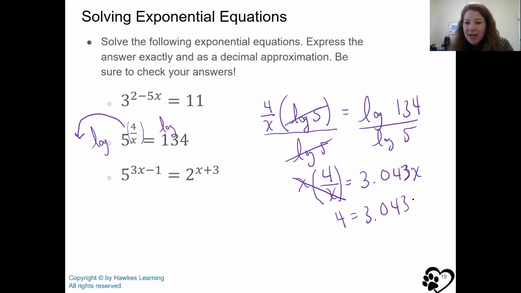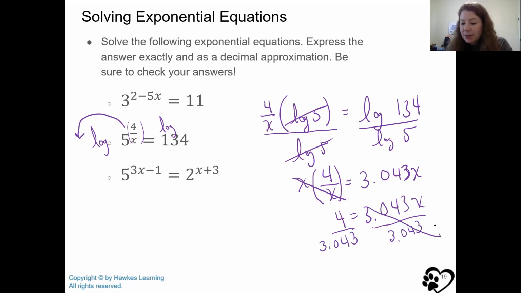All right, so x. So now I want x by itself. How do I get rid of times 3.043? I'm going to divide both sides by 3.043. 4 divided by 3.043.